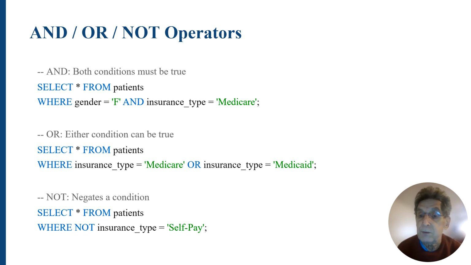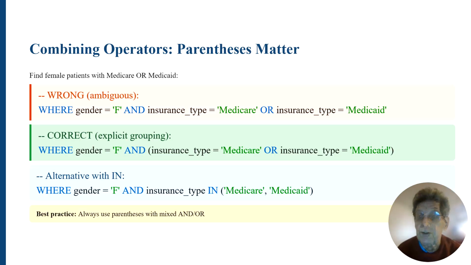Either one qualifies the row for inclusion. How about NOT? NOT negates a condition. The third example finds patients where insurance is not self-pay, essentially excluding self-pay patients. These operators let you build complex multi-condition filters, but there's a catch, which brings us to the next issue.